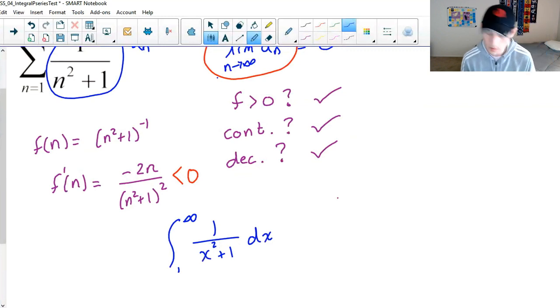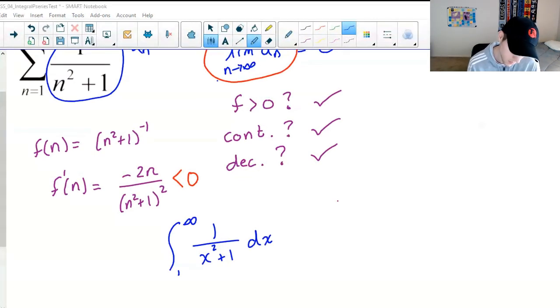Okay, so now I want to look at the integral from 1 to infinity of 1 over x squared plus 1 dx. Now, I don't need to tell you what integral this is, right?